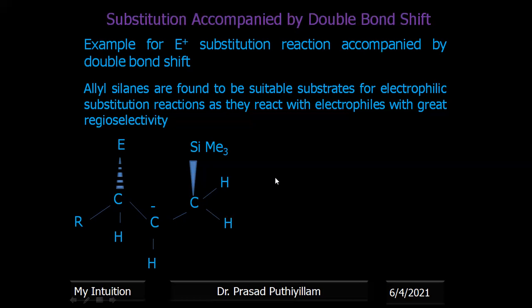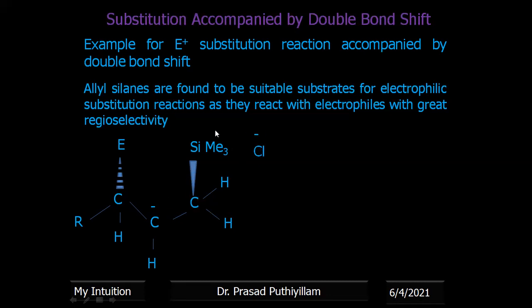Now this is a less stable transition state. It's a carbocation. A negative charge is there on one of the carbons. It is not a negative charge, actually a positive charge by mistake. You have to treat this one as a positive charge, a carbon with a positive charge, because the electron density is taken away.